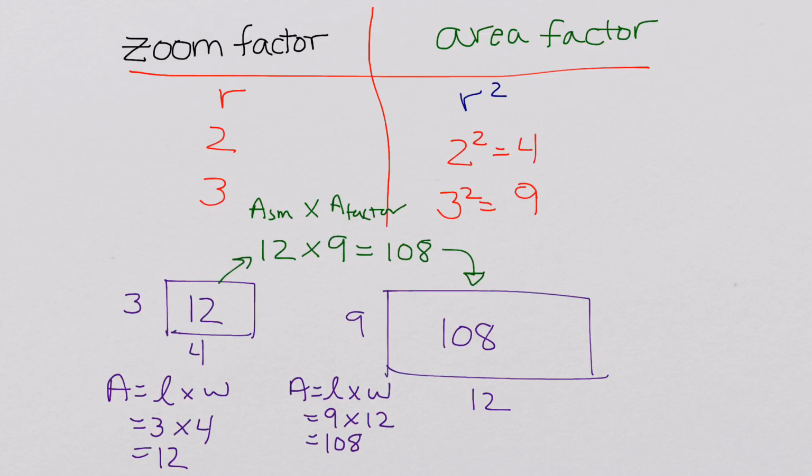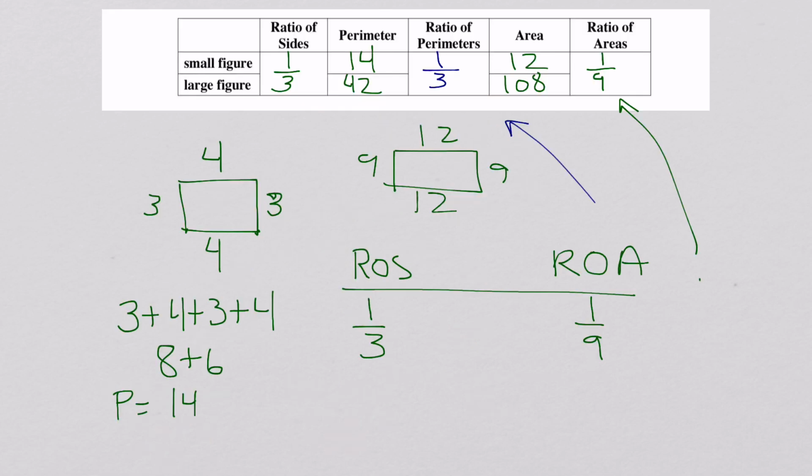Now recall that the zoom factor is R, okay? That is our ratio of sides. And area factor was R squared. So in this case, it makes sense that we have 1/3 and 1/9.